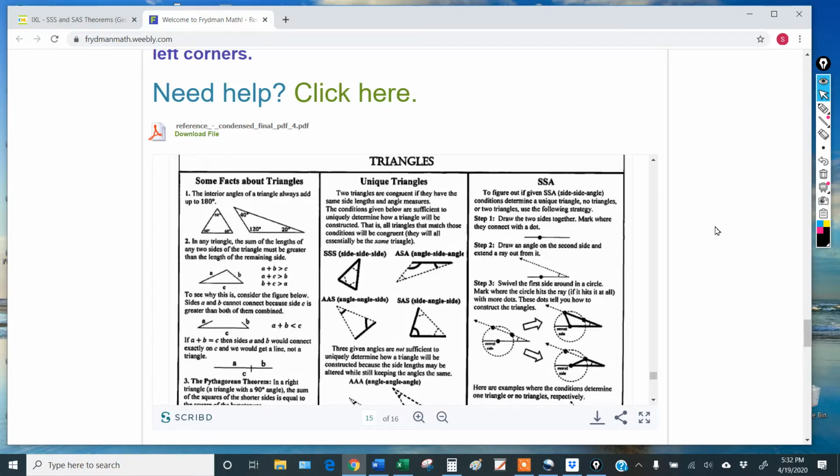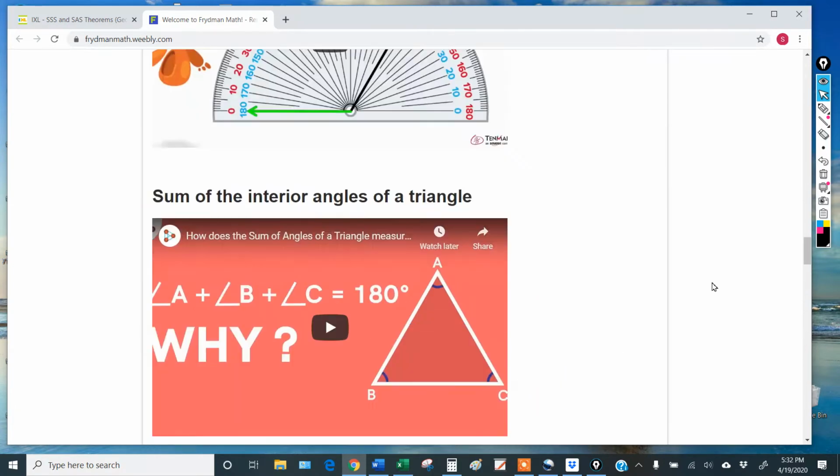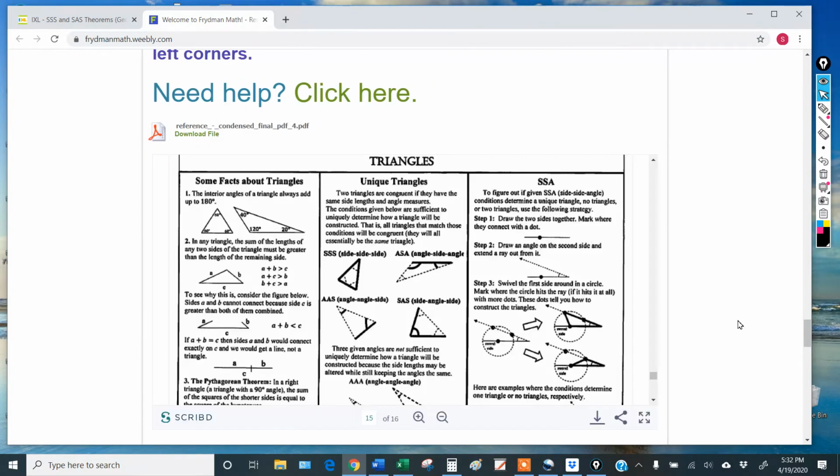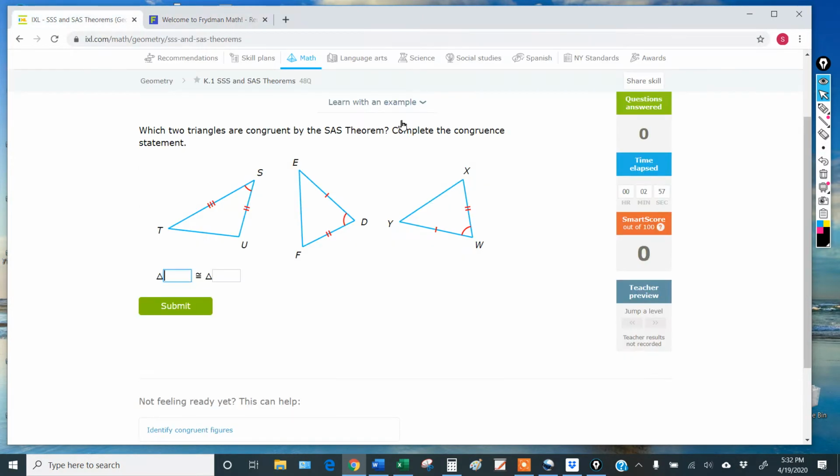All right, with that in mind, again, that was a very quick overview. To really understand anything that I said there, you have to watch the video, which you will see in this section called Triangle, Congruence, and Uniqueness. All right, so with that in mind, I'm going to go over here and try some of these problems.